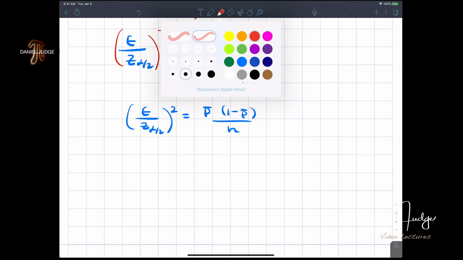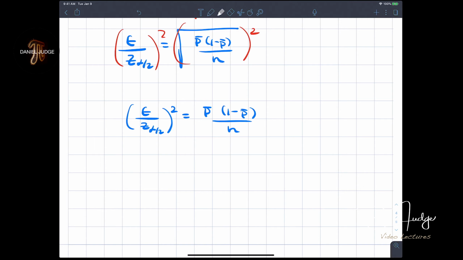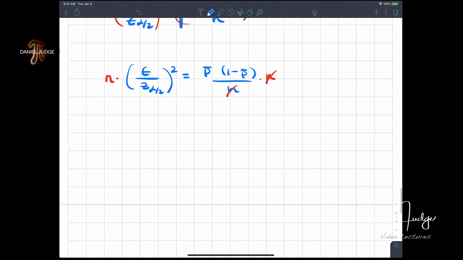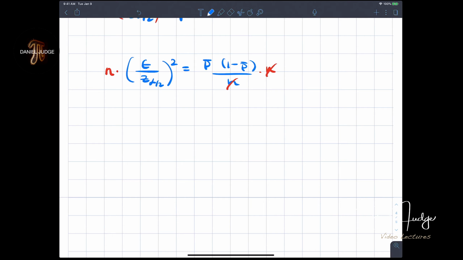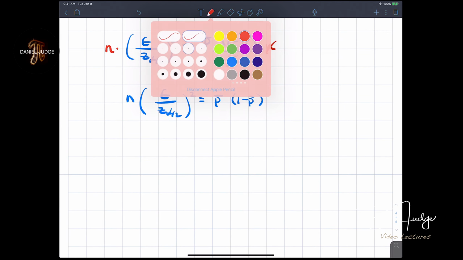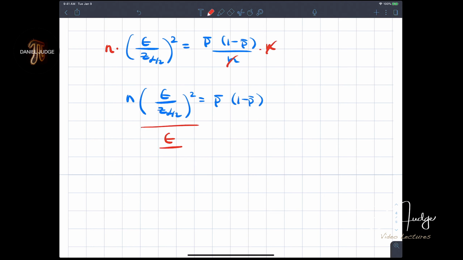Now, I can say cross multiply, but what I'm going to do instead is multiply both sides by N. N cancels. And so you get N times E over Z alpha over 2 squared is the sample proportion 1 minus the sample proportion. And now you're going to divide both sides by E over Z alpha over 2 squared.